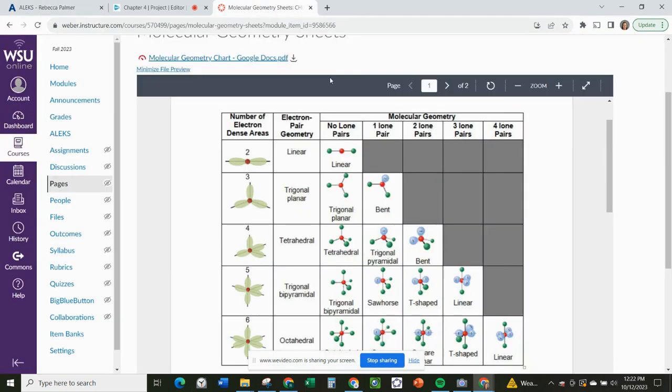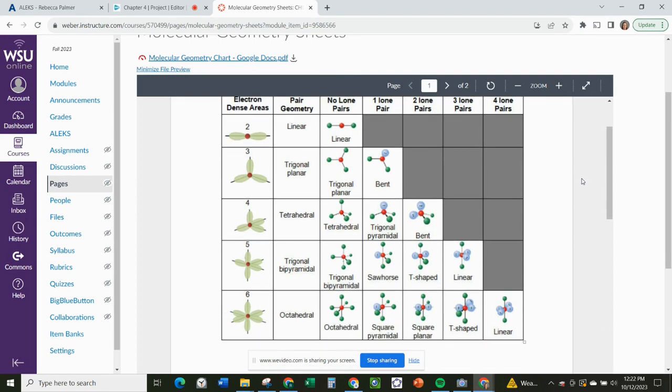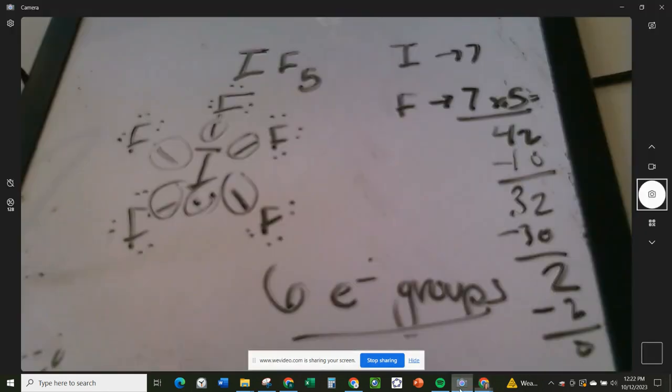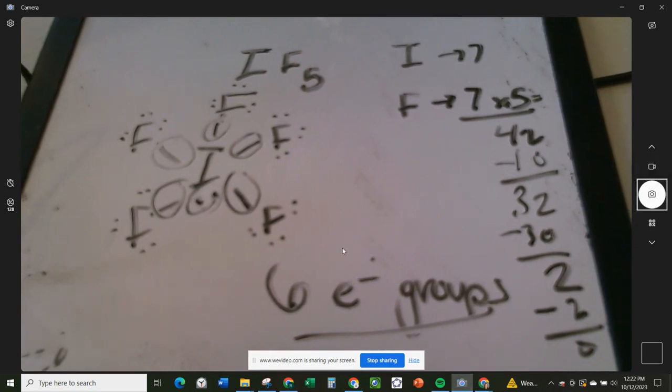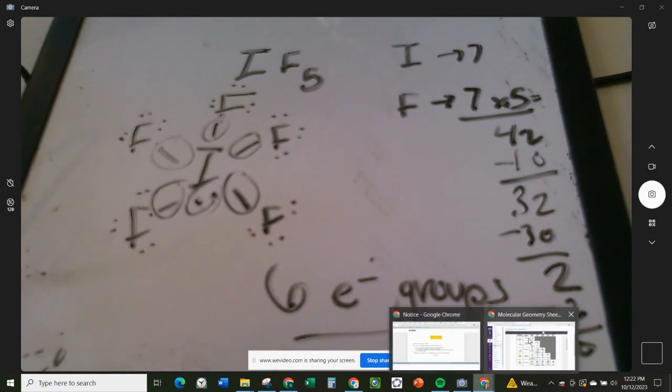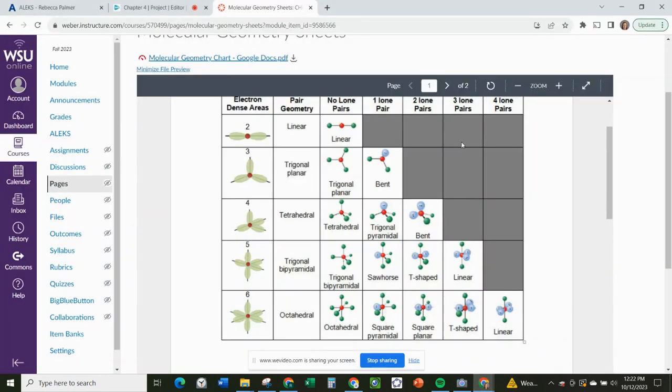Okay, if this one asked about molecular geometry, so if it's saying what is the shape of the molecule, then you need to be more careful and use the molecular geometry column. If we go back to our picture, we have 5 bonds and 1 lone pair. So if we go back to our sheet, we're looking for 6, still 6 electron groups, but 5 of those are bonds, 1 is a lone pair.